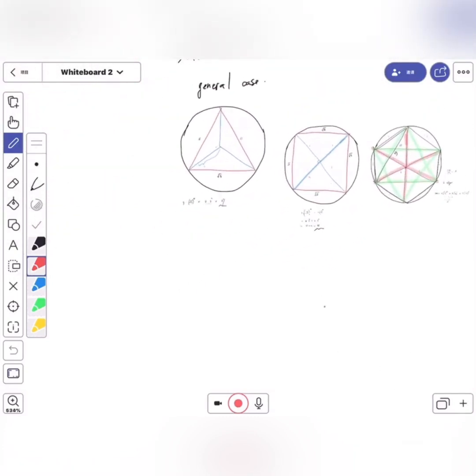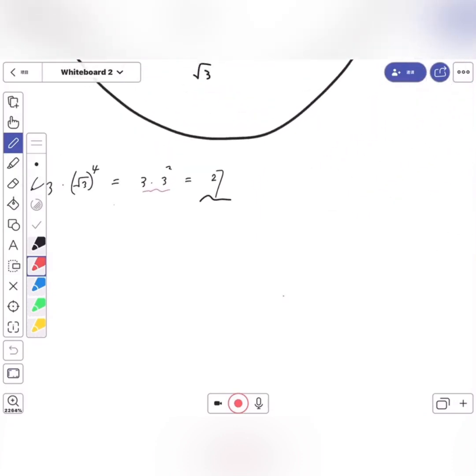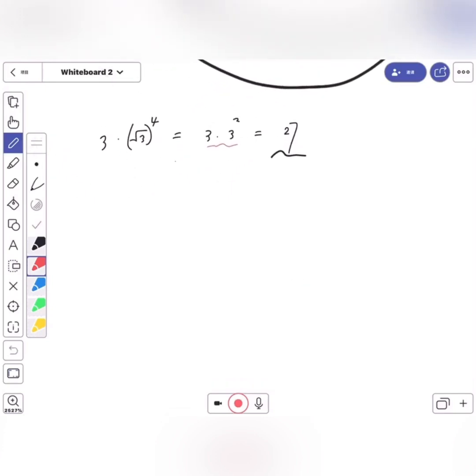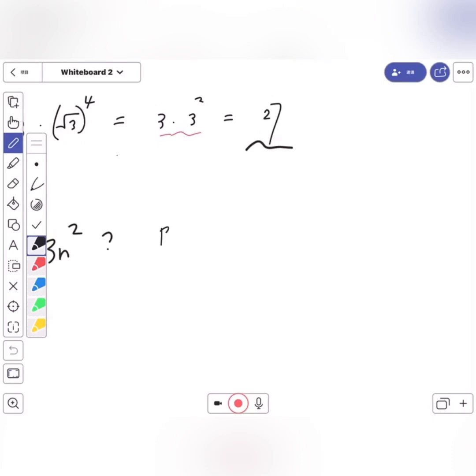Okay, it seems like there's a pattern, that the quantity the question asks for any n-gon is going to be 3 n squared. Now, this is unrigorous, by the principle of engineering induction.